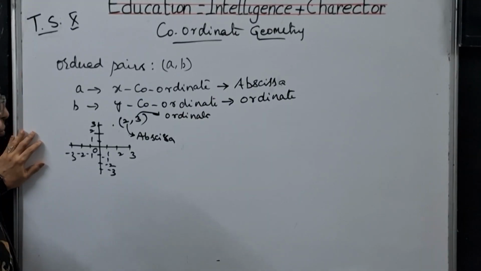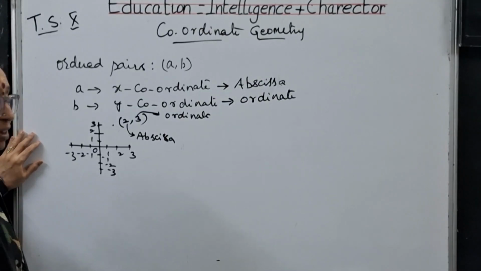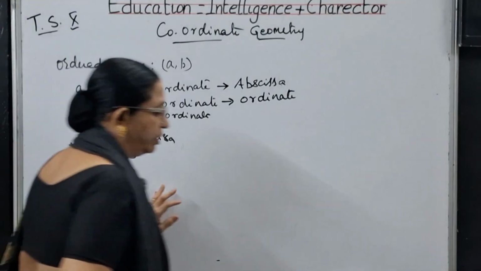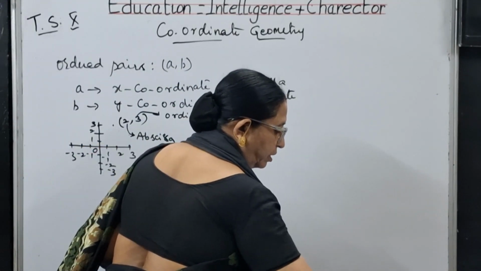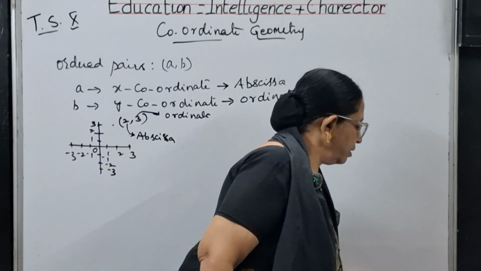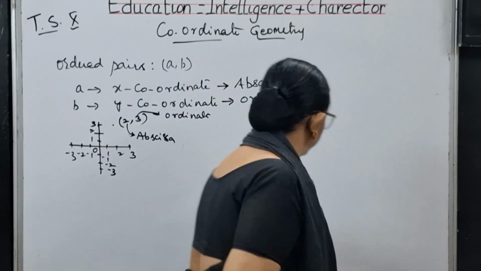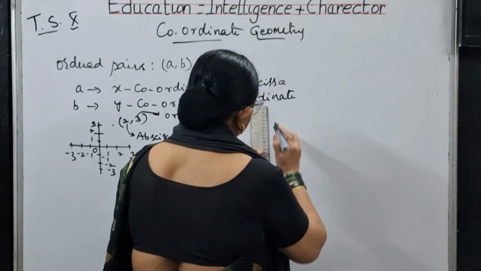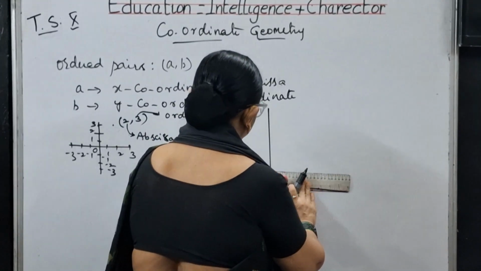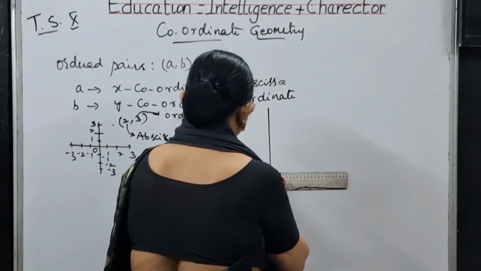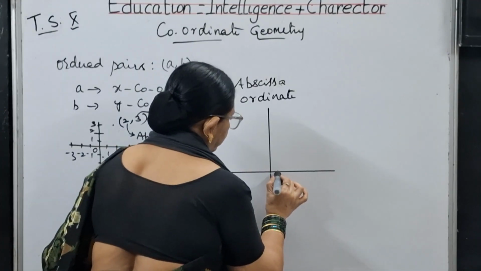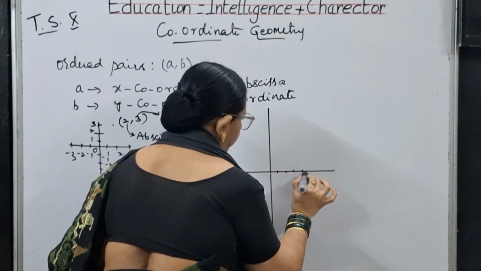Now mostly we are dealing with distances between the points in this coordinate geometry. So here let us see, suppose you have taken x and y axis, that is in the graph, like this, x and y coordinates, so these are the points given.